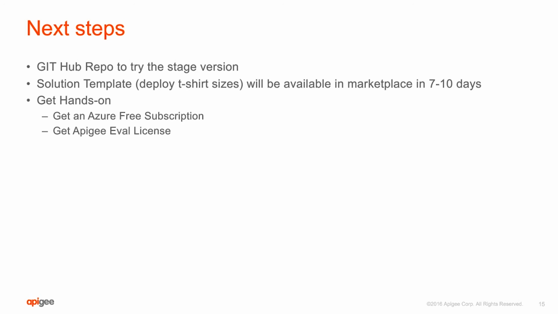Sure. So I think one question we had is on the monitoring. So yeah, of course, in my experience of Azure, there are a lot of audit logs that will help you monitor what's going on, especially when you're installing Apigee using this solution template. Again, Apigee has a lot of inbuilt monitoring. Like I've shown you in the demo, you can look at the operational logs on the API side.